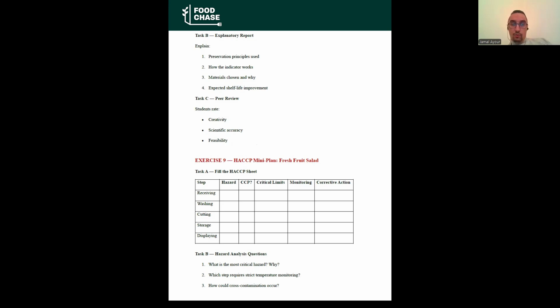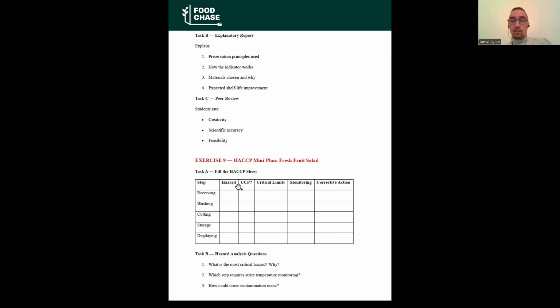Let's go now to exercise number 9, the HACCP mini plan, fresh fruit salad, for example. For this exercise, we have 3 tasks exactly. The first question is to fill the table for the fruit salad process with the different steps of the process, and we have different columns such as hazard, CCP, critical limits, monitoring, corrective action.